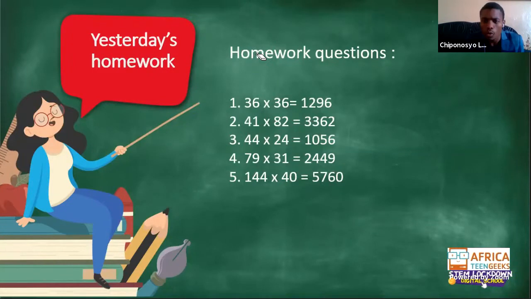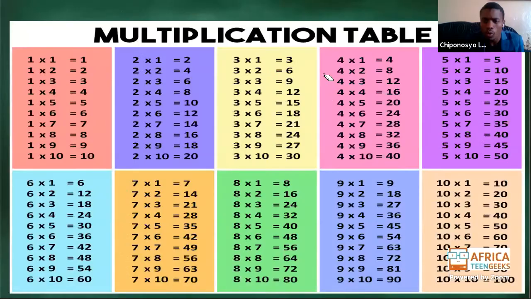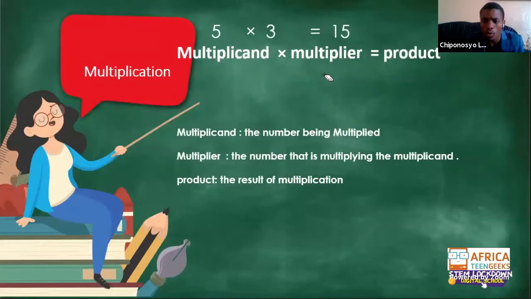So, multiplication: we speak about repeated addition, as we've gone over, where you are adding the times table. But today I want to spend more time on the process of multiplication. Remember, we've got the multiplicand, the multiplier, and the product. The multiplicand is the number being multiplied.